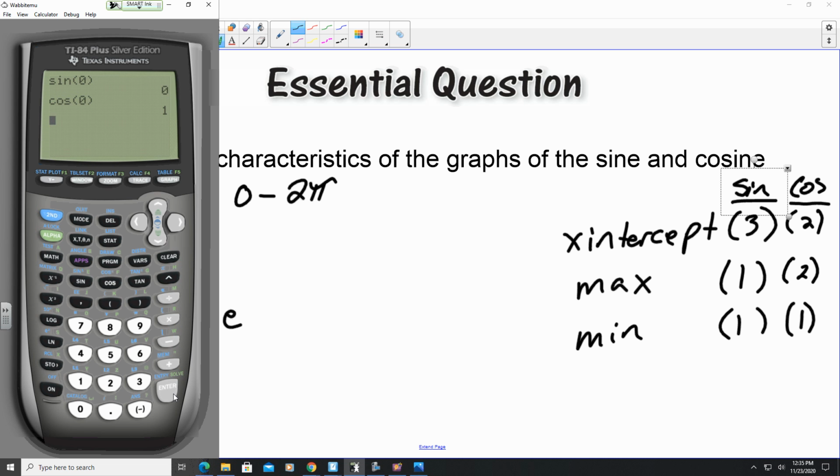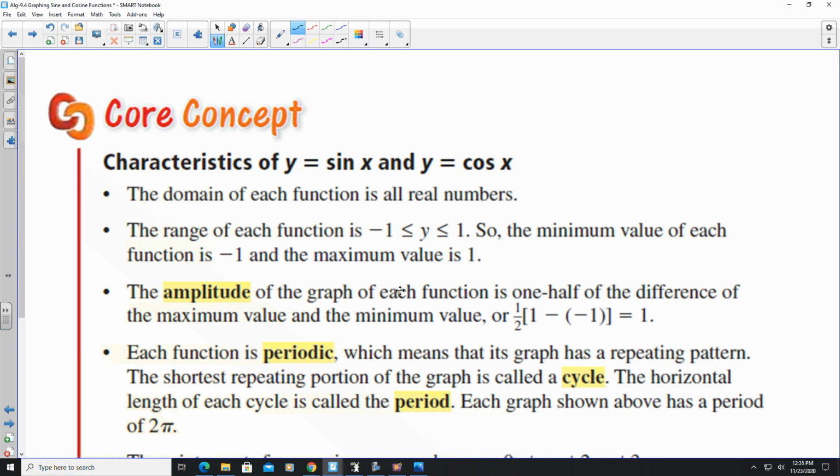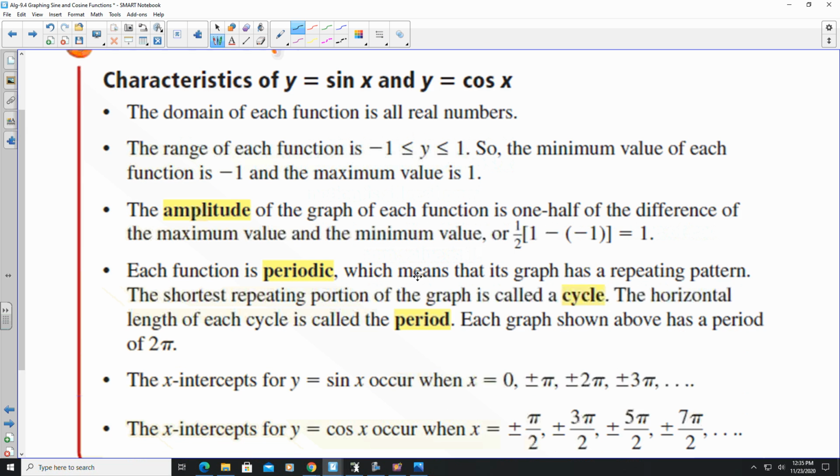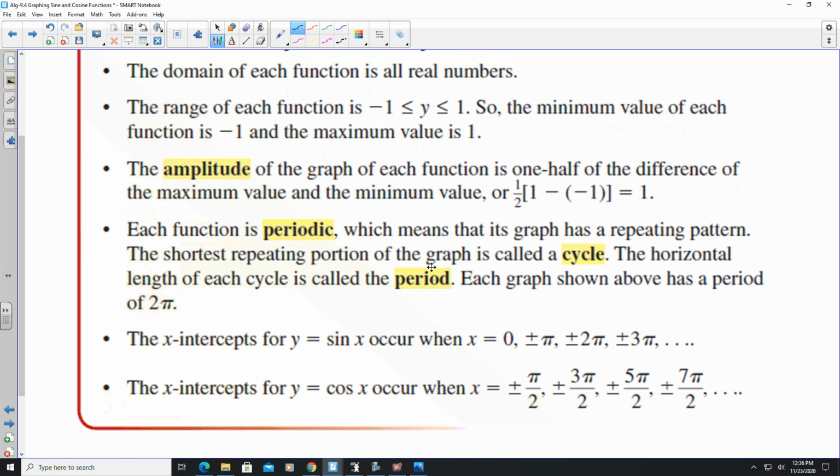All right. So looking at this and trying to get an idea of what these 5 points are, here again are these characteristics and some of the definitions that we're going to be looking at with respect to cosine and sine of x. Before we even look at those 5 points, we need to identify two different terms.